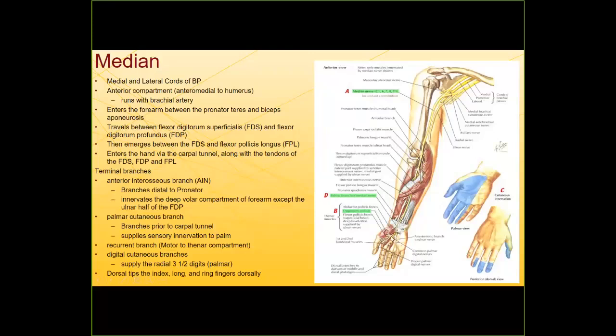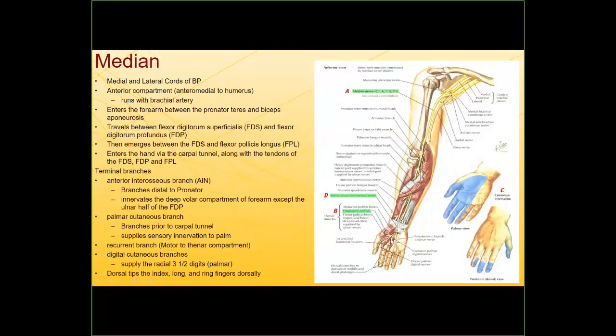And then it continues to innervate 2 more muscles of the hand, which are our lumbricals, to our index finger and our middle finger. And then from that point forward, it becomes strictly sensory.